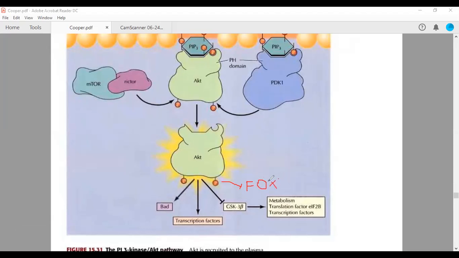I will let you know what FOXO is and these things, okay. This is an inhibitory sign, not an arrow. So it will inhibit FOXO also. It will inhibit GSK3 beta, but it will activate some of the proteins. So that's how it will be activating or inhibiting some of the downstream effector molecules.